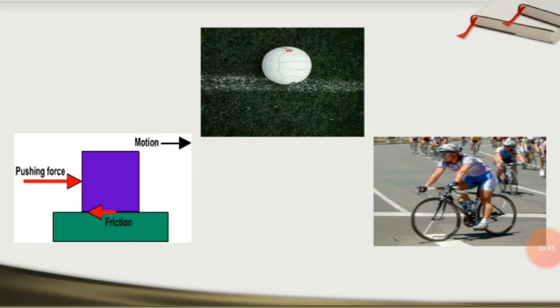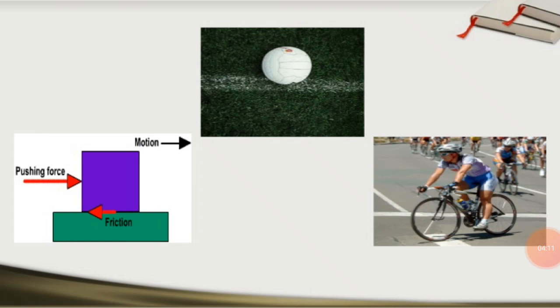So this diagram clearly shows that the frictional force always acts in the opposite direction of the moving object. So the force of friction always opposes the motion of one object over another object, so the force of friction acts in a direction opposite to the direction in which an object moves or tends to move.